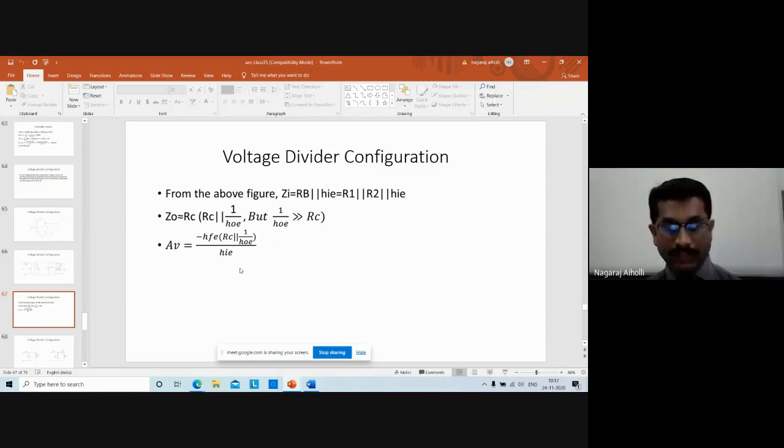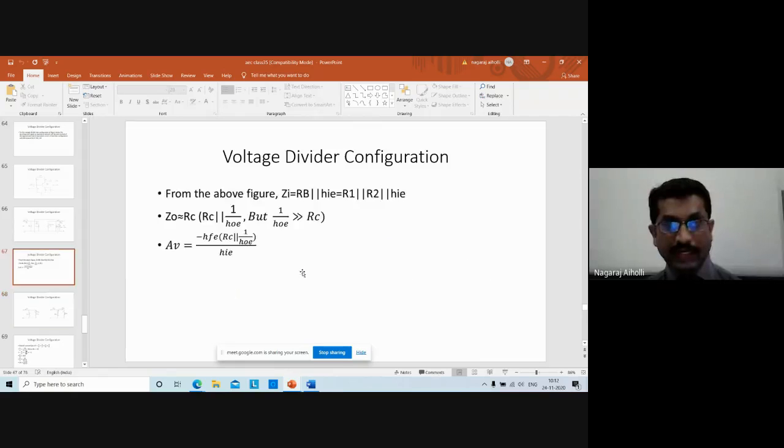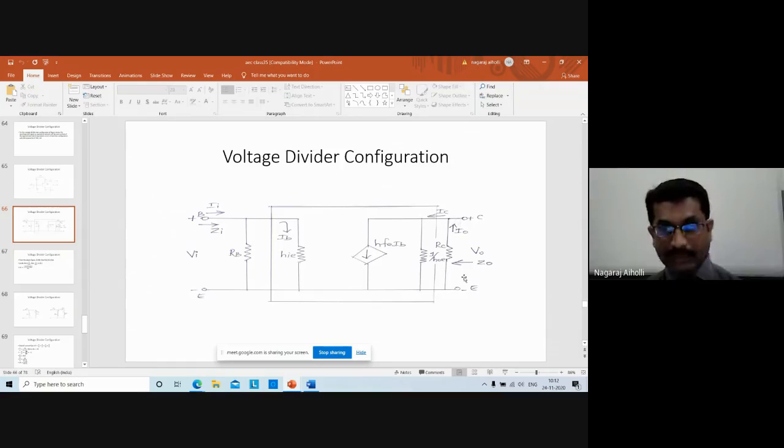Same it is. Next, let us see the formula for the current gain. If you want to find the formula for the current gain, then we have to consider these two portions here. One is for the load. If RL is connected in parallel with RC between collector and emitter, then there is RC and RL in parallel at the output section.